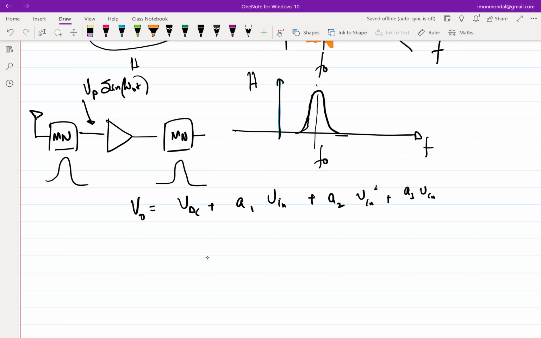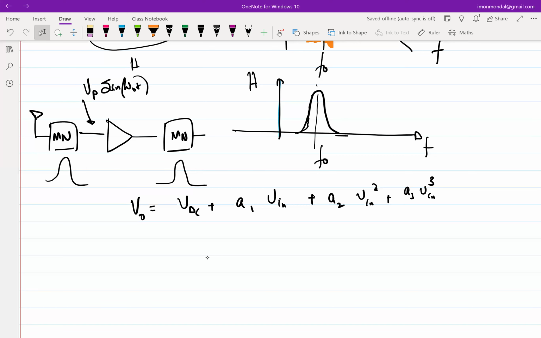If it's a weakly nonlinear system, I'm limiting my Taylor series expansion to the third order term.